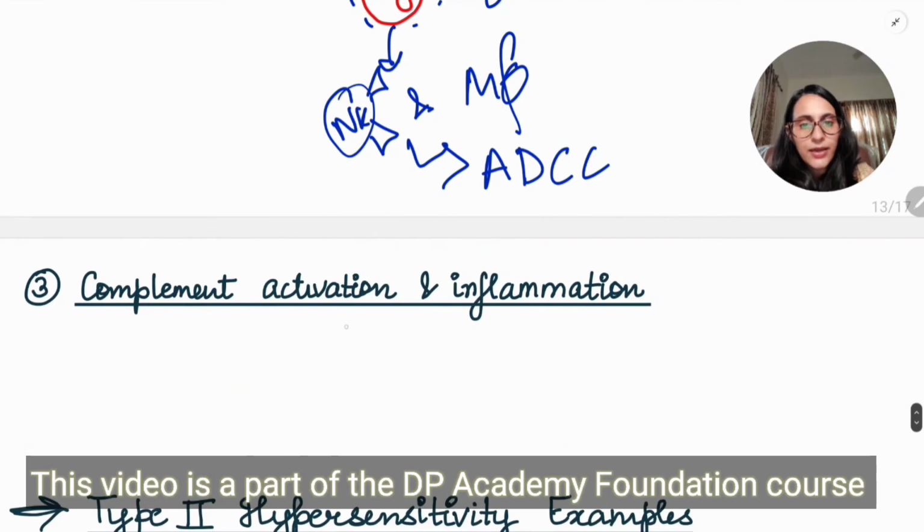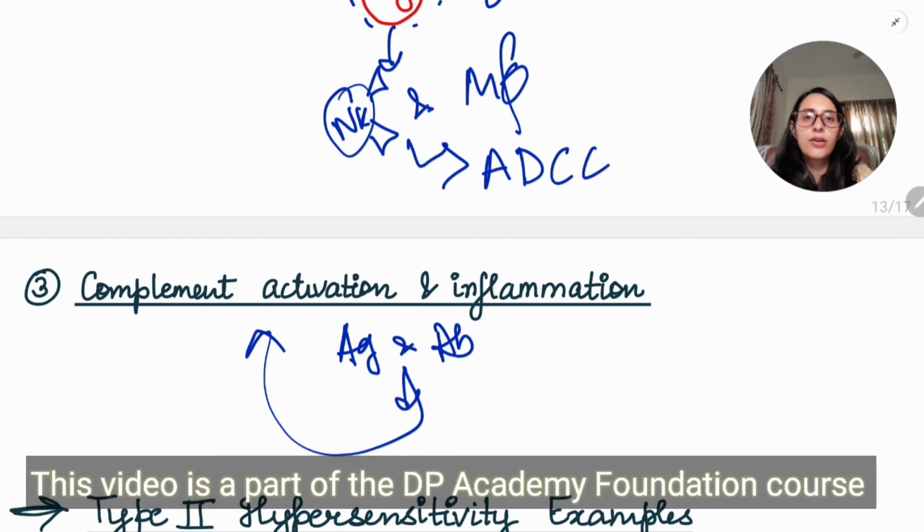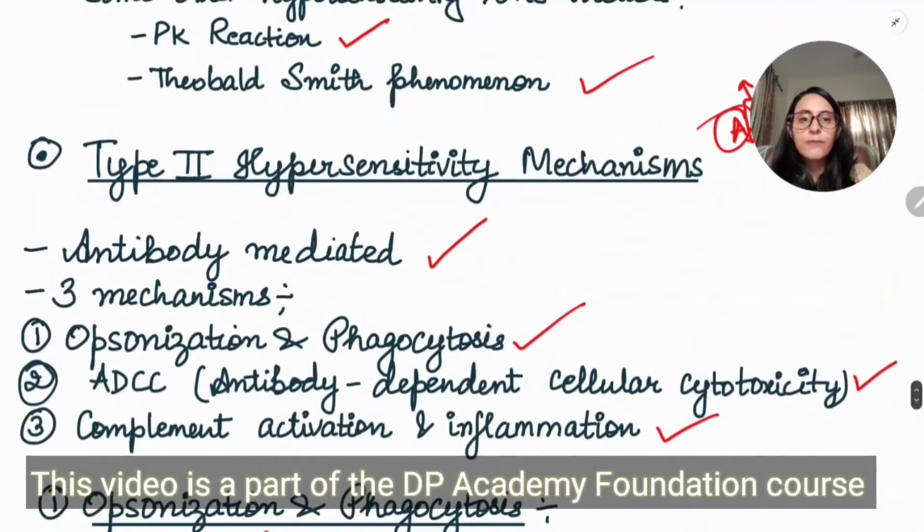Then the third mechanism is again an antigen-antibody reaction, and then it is going to activate the complement system and cause inflammation. So these are the three mechanisms of type 2 hypersensitivity.